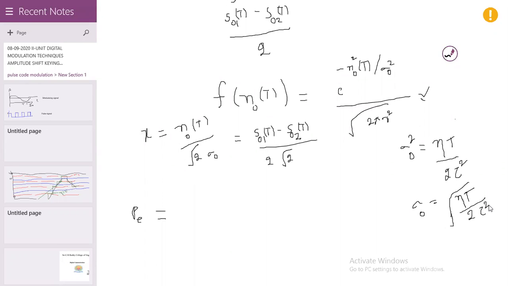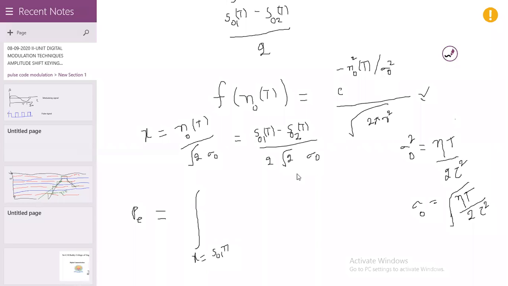We can substitute this into the equation. Then what is the resultant one? Otherwise here we can simply leave this as sigma naught. Therefore here x is equal to S naught 1 of t.